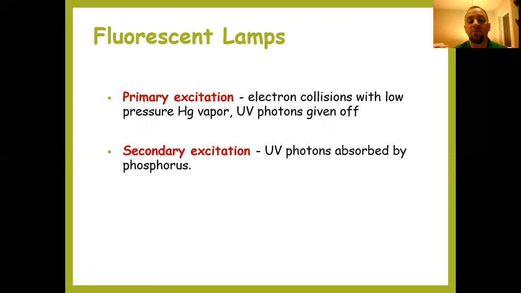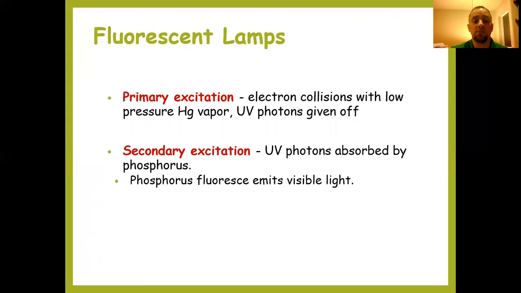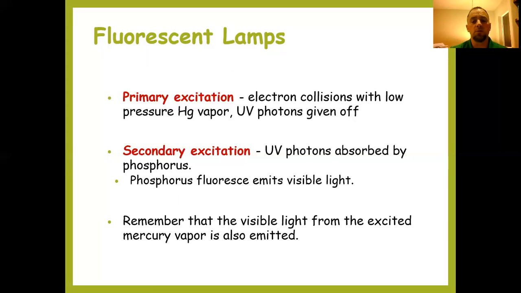That ultraviolet photon is absorbed by that phosphorus, and then when those electrons lose that energy, they then emit visible light that we're then able to observe. So remember, visible light from excited mercury vapor is also emitted. So there's more than one type of energy emission in fluorescent lamps. It's a multi-stage process.